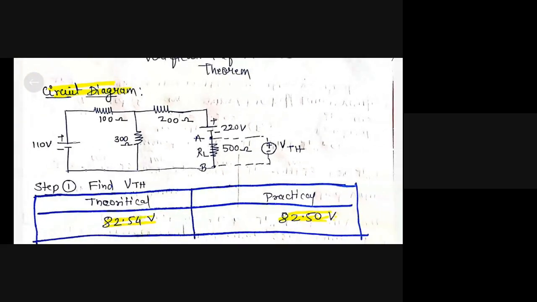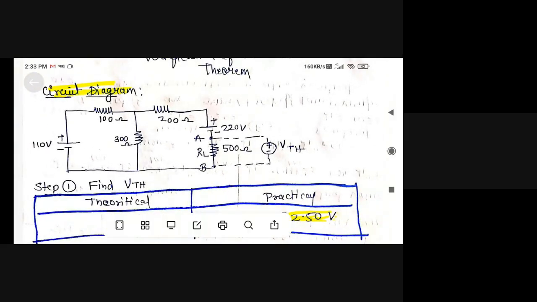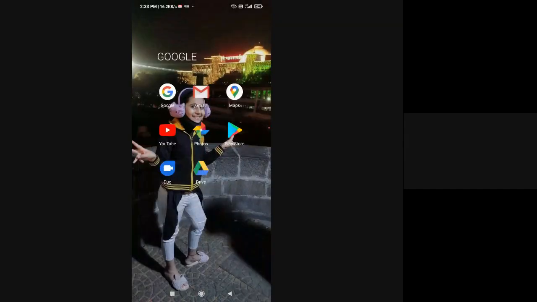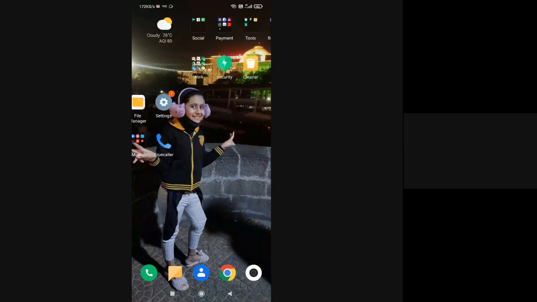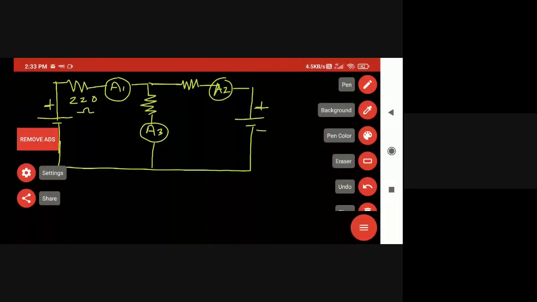If in the form of a circuit I have to show, I have already shown you, but once again I will show you. While calculating RTH, this source is shorted.